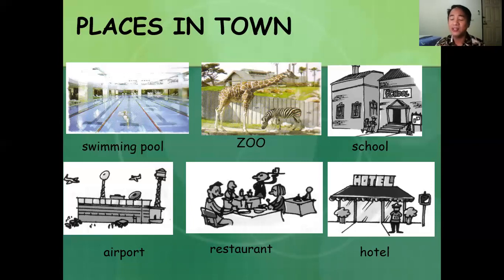Okay, so you have to make reservation first if you go to the hotel. Okay, so these are the common places that we can find in town. We have the swimming pool, we have the zoo, we also have the school, airport, restaurant, and hotel.